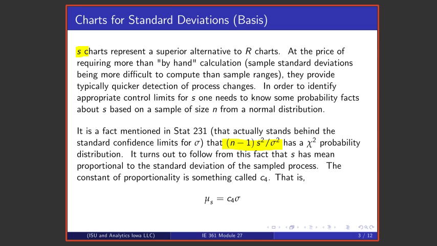It turns out to follow from this fact that the sample standard deviation, the square root of S squared, has a mean that's proportional to the standard deviation of the process being sampled. That is, average S is a multiple of sigma, and that constant of proportionality depends on the sample size and is something that is typically called little c4.